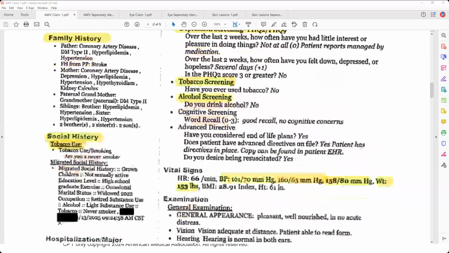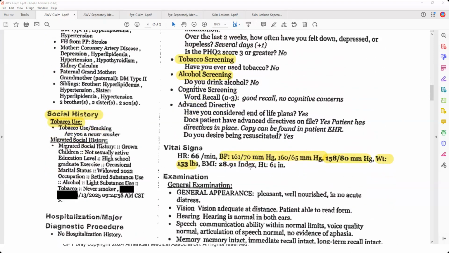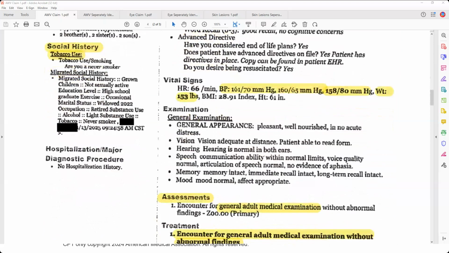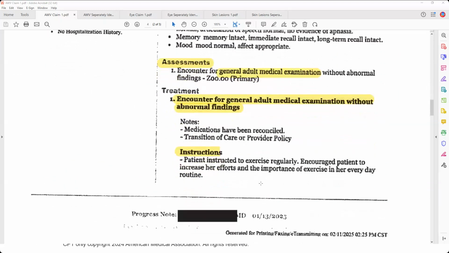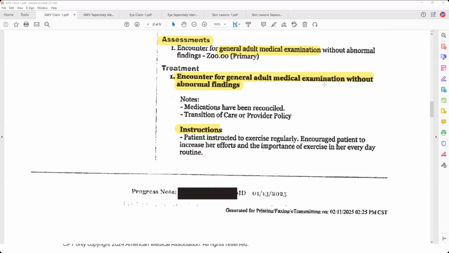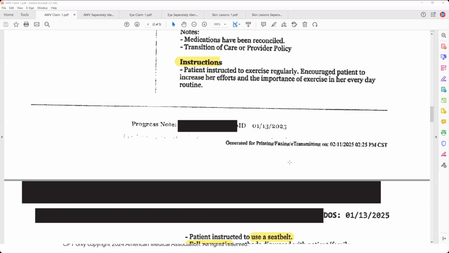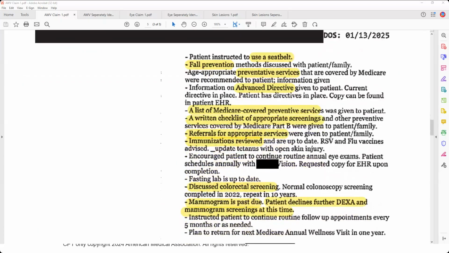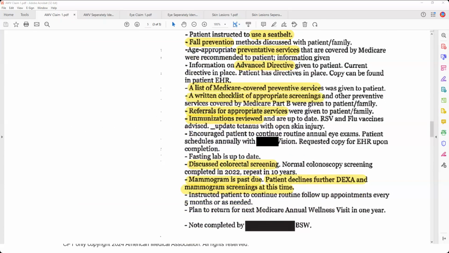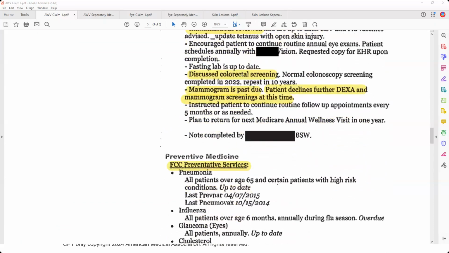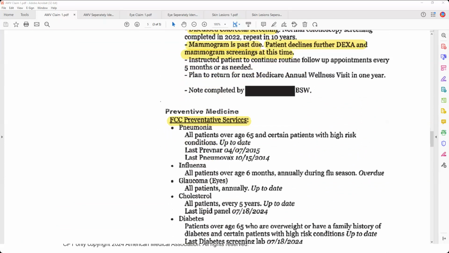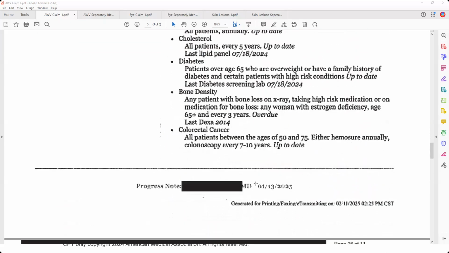We have family history, alcohol, social history, vital signs. We have some assessments, encounter for general medical examination. They're just telling us a little bit about why that person's here. And I know I'm scrolling fast, but I've highlighted most of the stuff that relates to the annual wellness visit.